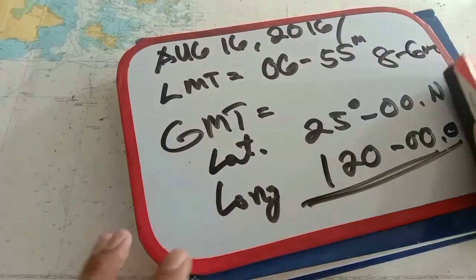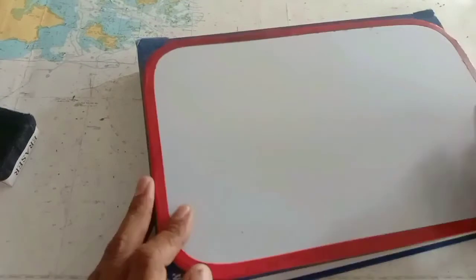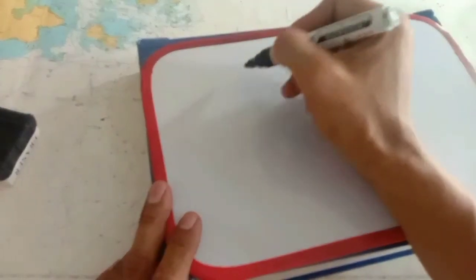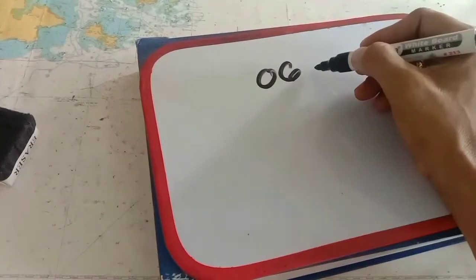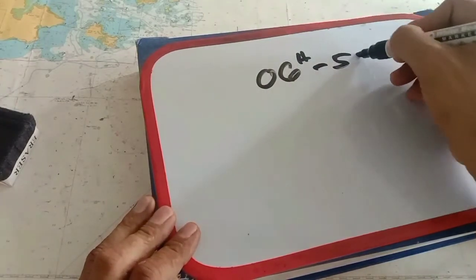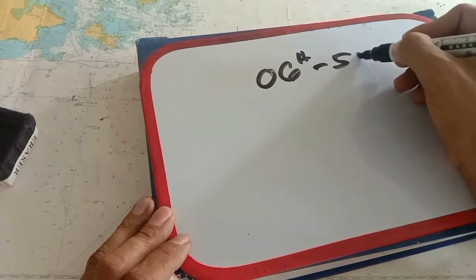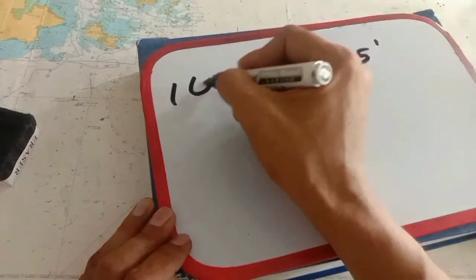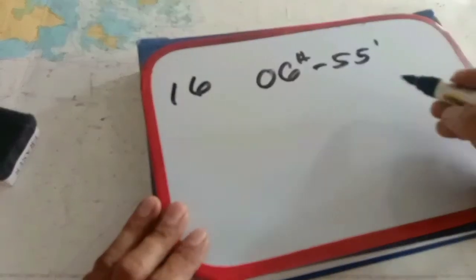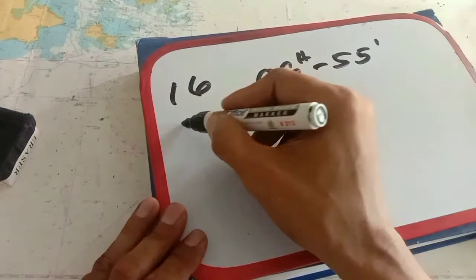So 06 hours 55 minutes on the 16th. So the zone description is 8.